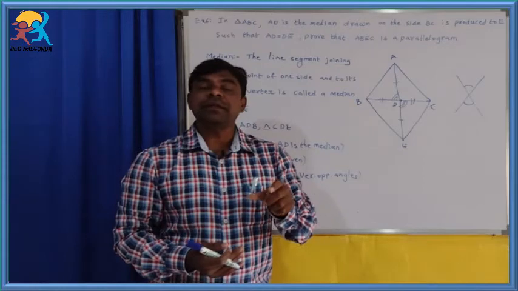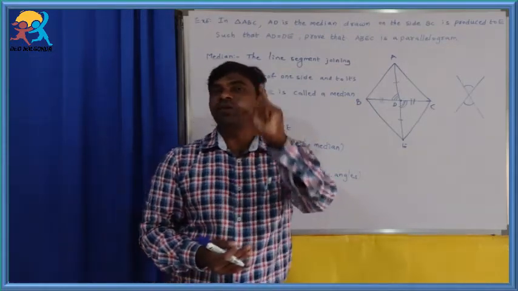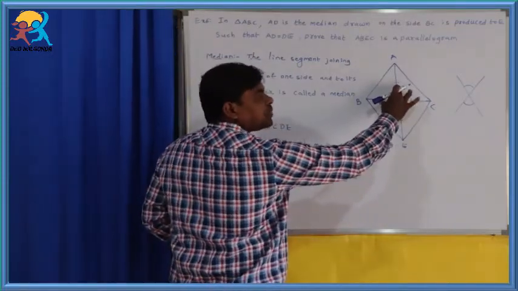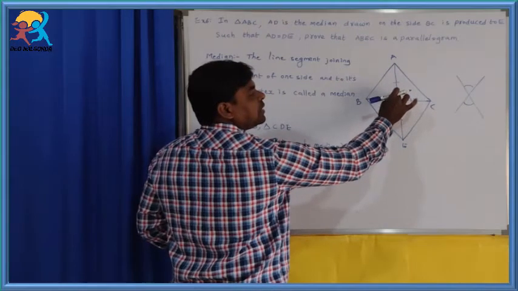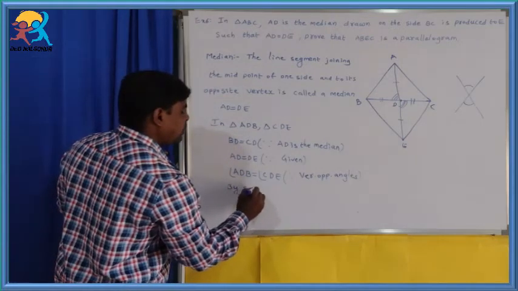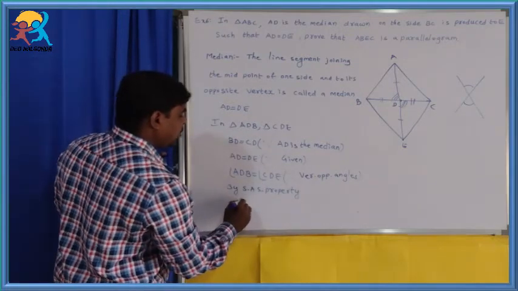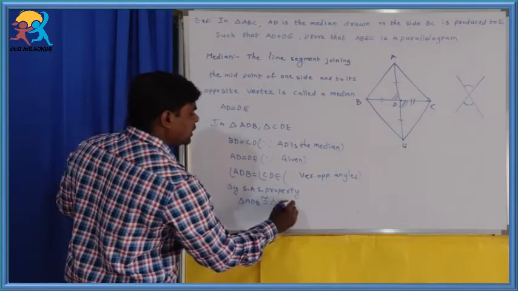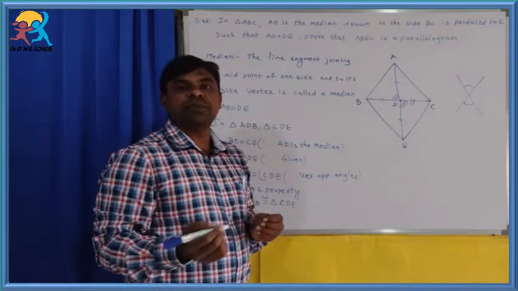In the SAS property, the angle should be included between the two sides, then only we can use SAS property. So here we are using the two sides and the angle between them is the included angle, that is this one. So we can use SAS property. So I am writing by SAS property triangle ADB is congruent to triangle CDE. If the two triangles are congruent, then their corresponding parts are equal.